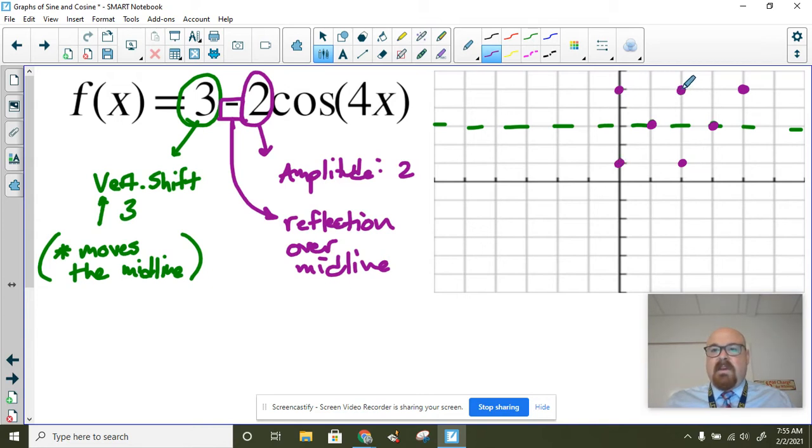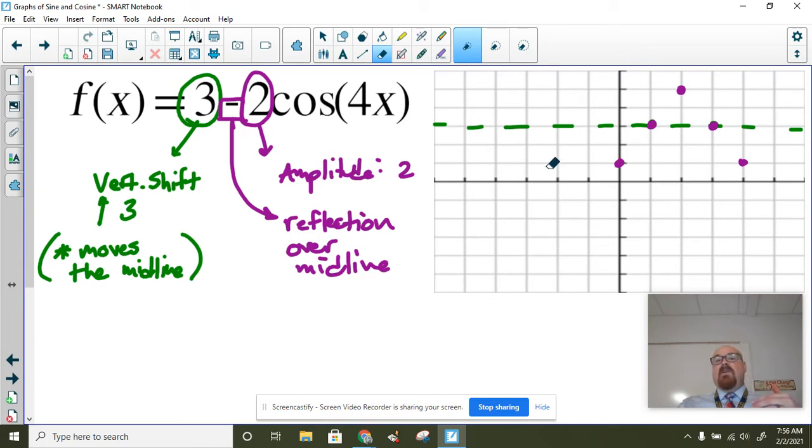This point moves up to here. This point moves down to here. Again, we'll come through and get rid of these. So there's the reflection. Okay, so a normal cosine wave starts at its max, goes to its intercept, min, intercept, max. This graph starts at its minimum because it's been reflected over. We're going to see some of that in our harmonic motion problems later on as well.